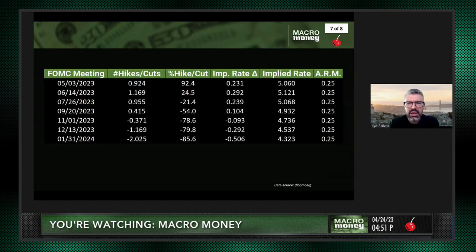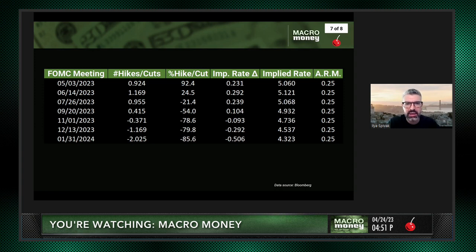And indeed, looking at what Fed policy expectations are showing us here, we in fact see that what we're looking at is a 92% chance of a hike for the May 3rd meeting. In that percent hike cut column, you can see 92.4.